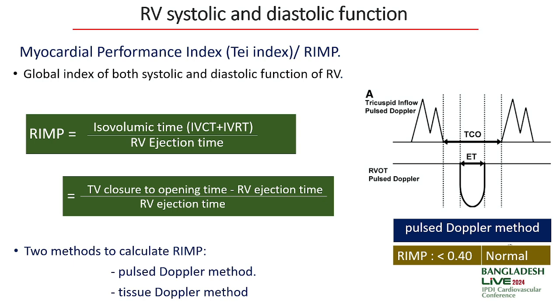And if it is divided by the RV ejection time, which I can gather from the RV outflow tract pulse wave Doppler, then the machine will give me the myocardial performance index automatically by the pulse Doppler method, which is normal less than 0.4.